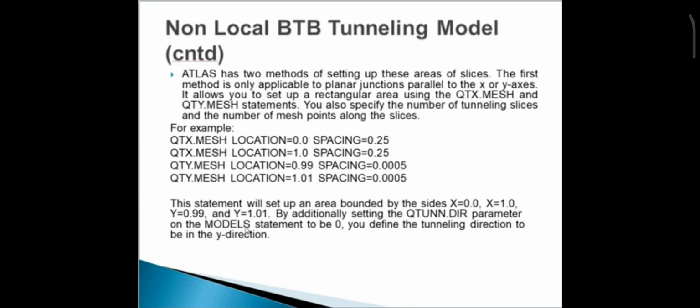Atlas has two methods of setting up these areas of slices. The first method is only applicable to a planar junction parallel to the x or y axis. It allows you to set up a rectangular area using the q2x.mesh and q2y.mesh statements. You can also specify the number of tunneling slices and the number of mesh points along the slice.